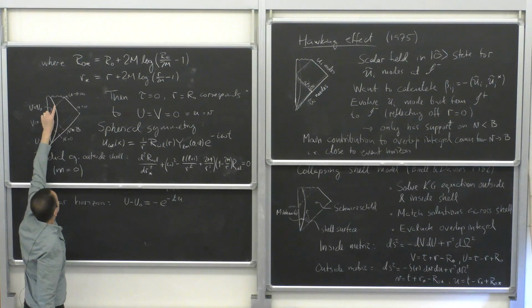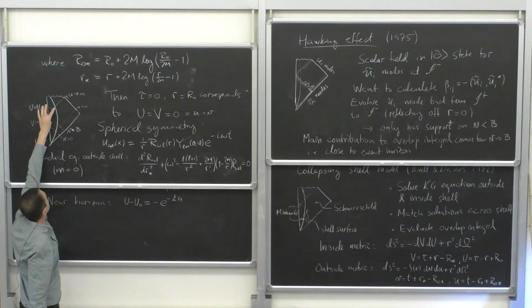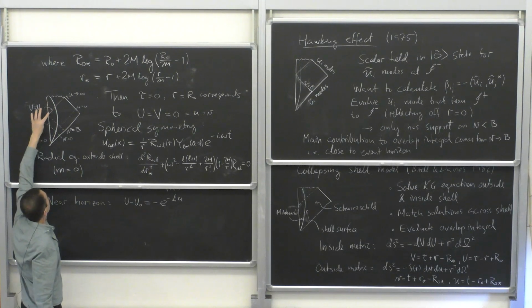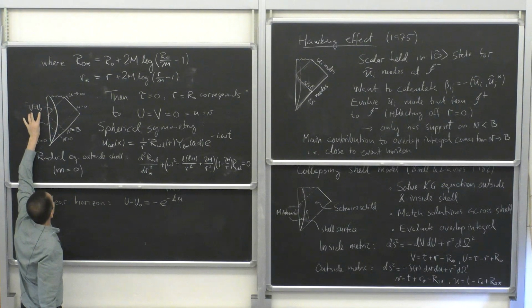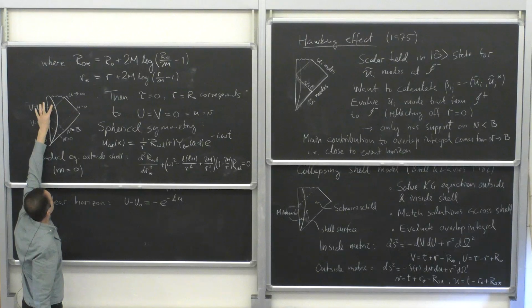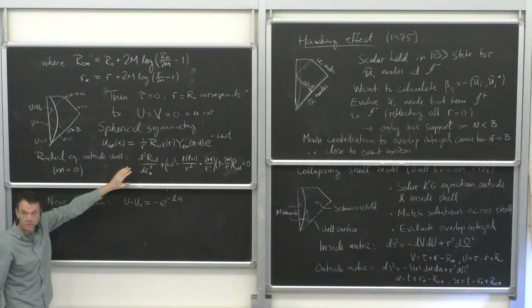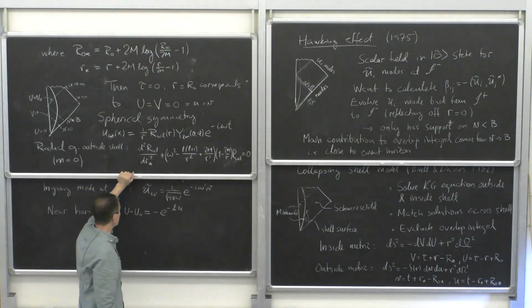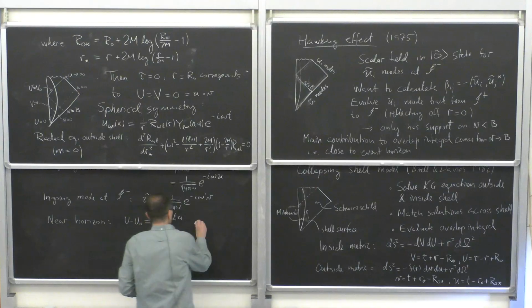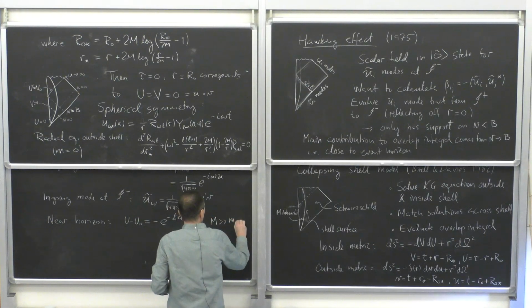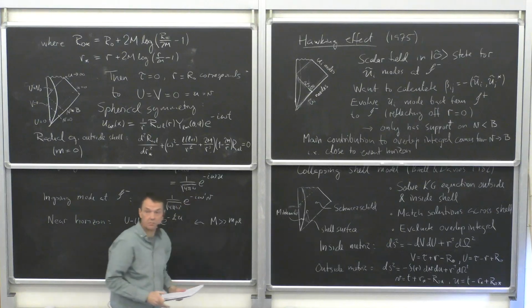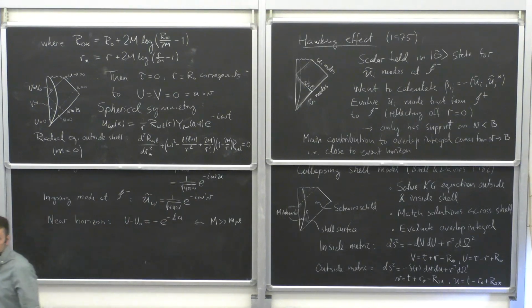I'm really simply thinking of this as, near here, these Minkowski coordinates being very close to the Kruskal coordinates of the black hole up there. So this requires that M be large, but this is what we want anyway, because otherwise the curvature is going to be too strong at the horizon.